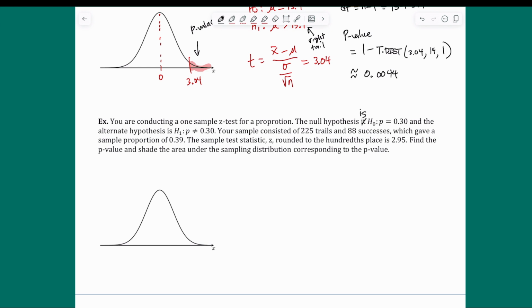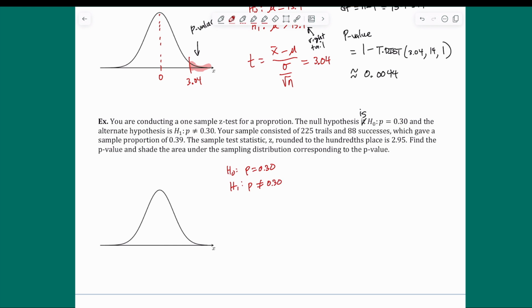So your sample consisted of 225 trials, 88 successes, which gave a sample proportion of 0.39. The sample test statistic z rounded to the hundredths place is 2.95. Find the p-value and shade the area under the sampling distribution corresponding to the p-value. All right, so the null hypothesis is p equal to 0.30. The alternate hypothesis is p not equal to 0.30.